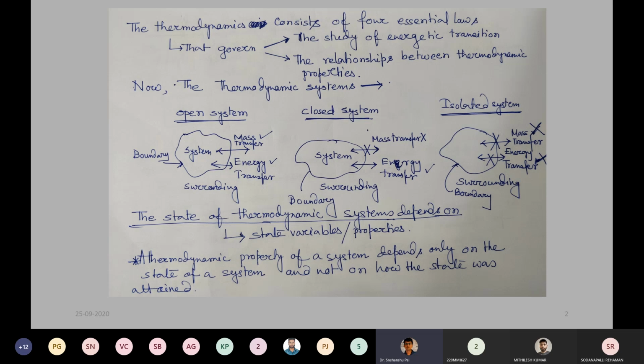So if you are considering an open system, this is one kind of system. In an open system, system and surroundings can transfer mass and energy both. So if a system can interact with its surroundings by transferring mass and energy both, then we can say the system is an open system.